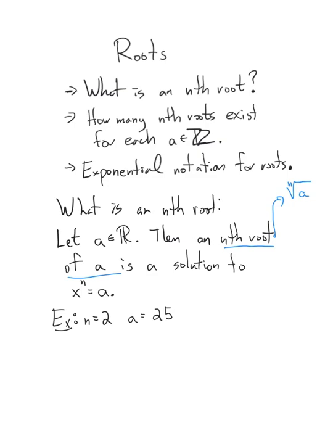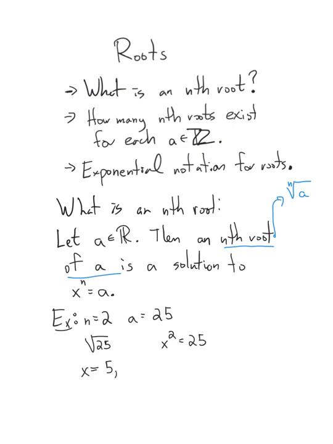All right. So here we have the square root of 25. Well, what does that mean? That's a solution to the equation x squared equals 25. So what number, when I multiply it by itself, gives me 25? Well, 5 does it. 5 times 5 is 25.